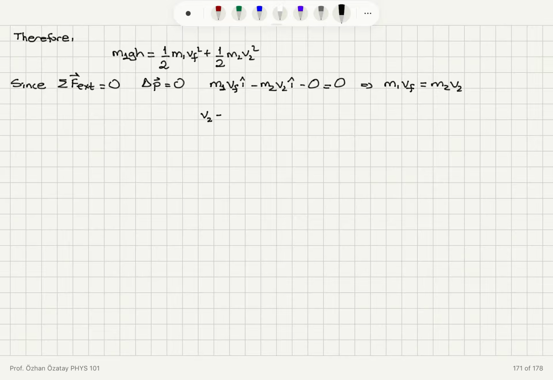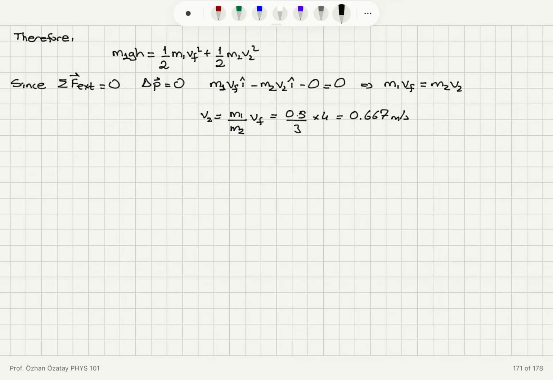So v2 is equal to m1 divided by m2 times v final, which is 0.5 kilograms divided by 3 kilograms times 4. That is 0.667 meters per second.